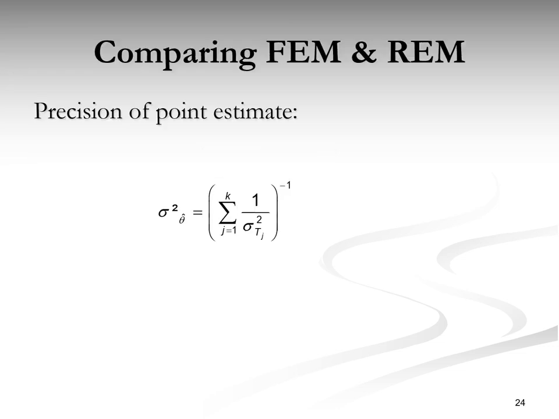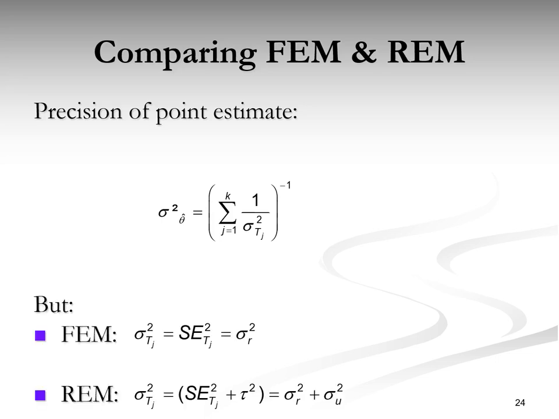What about the precision? So again, the precision of our estimate when using a random effects model is equal to 1 over the sampling variance, so it's equal to the sum of the precisions of all observed effect sizes. So it's again exactly the same formula as for a fixed effects model.